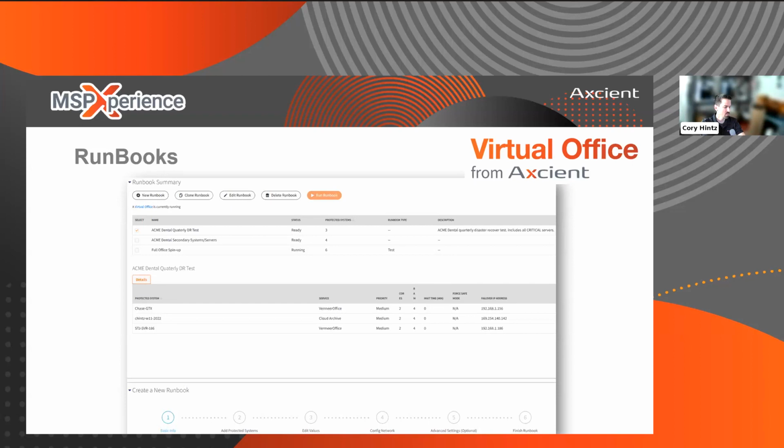Furthermore, with virtual office and even more with runbooks, this really makes it easier and removes the barrier of providing DR testing. So what we've noticed is a lot of MSPs historically, just due to previous solutions they were using, or just having that process be very complicated, would not offer true DR testing.